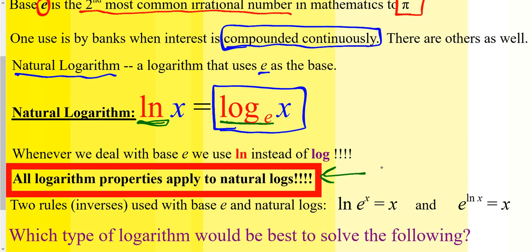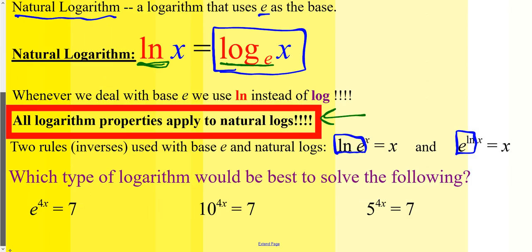Now just know that e and ln undo each other. So here you have an ln of e to a power. They undo each other, so it's going to leave you with just x. Or here, your e and your ln undo each other, so it's going to leave you with just x.